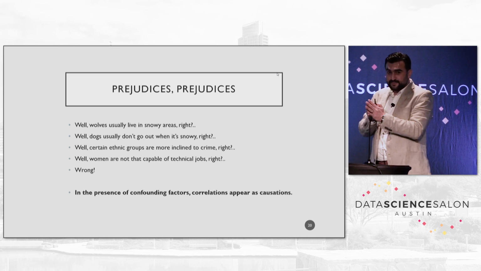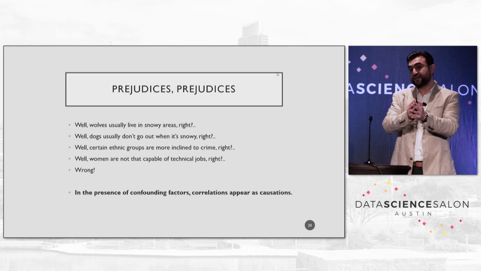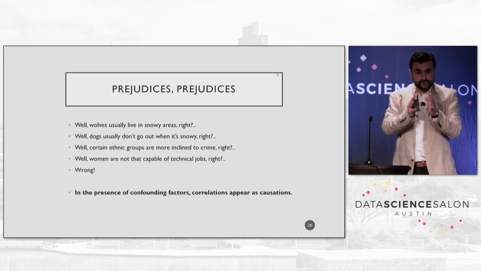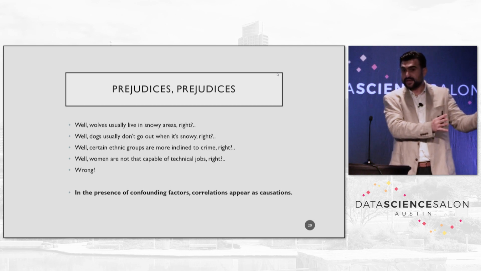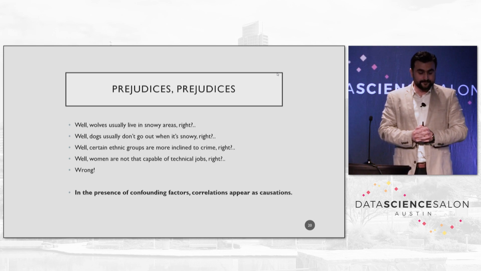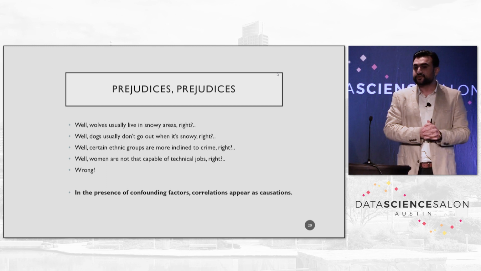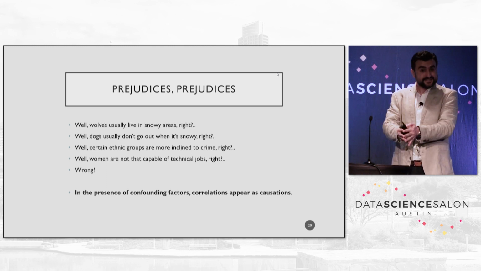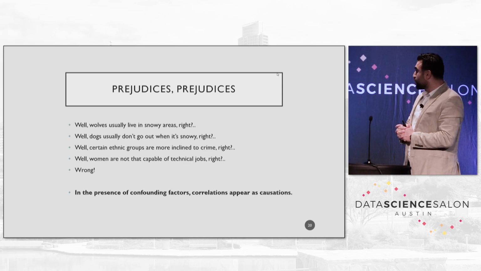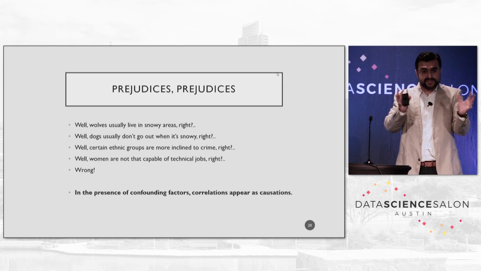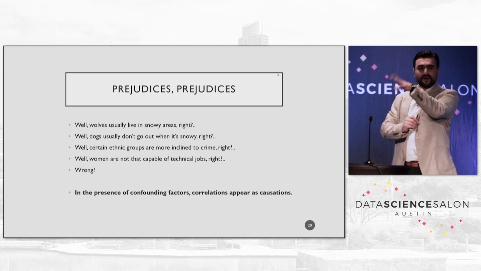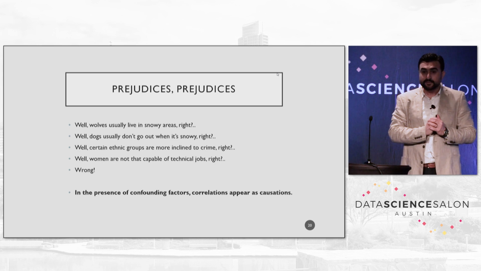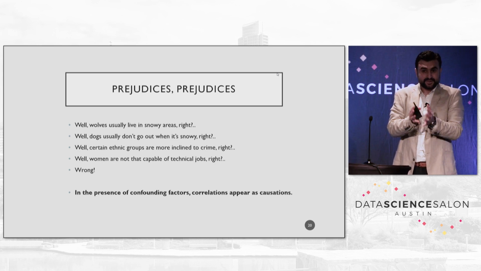It may be solely statistically and mechanically true, when you look at a given data set, that certain ethnic groups, certain minorities may be more associated with crime. That may be statistically true, right?